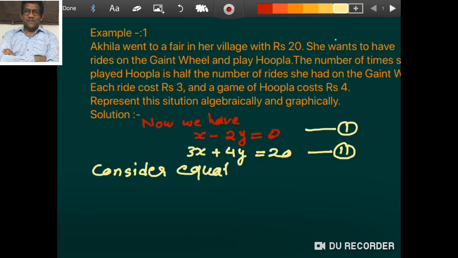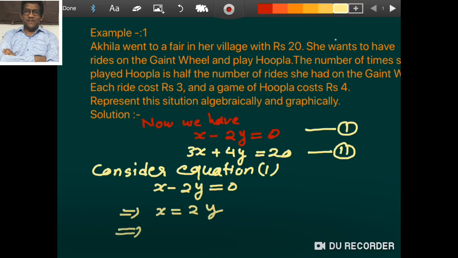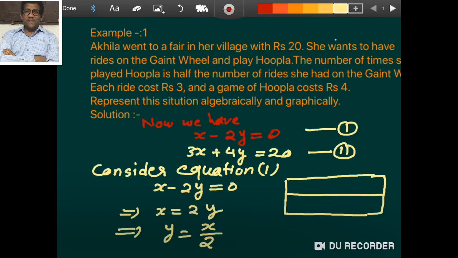Equation 1, x minus 2y is equal to 0. Express it in terms of x, that is x is equal to 2y, y is equal to x upon 2. Now complete the following table by taking different real values of x.